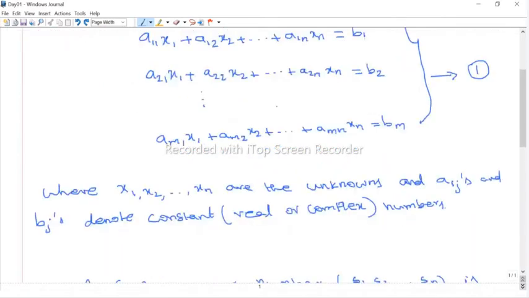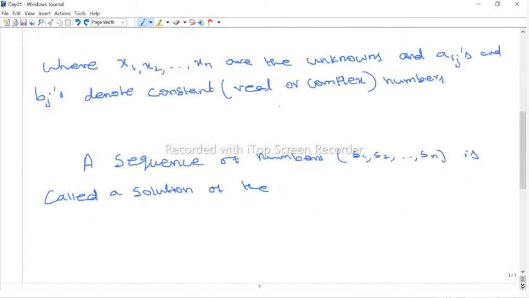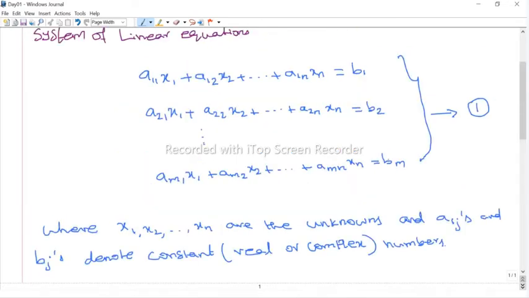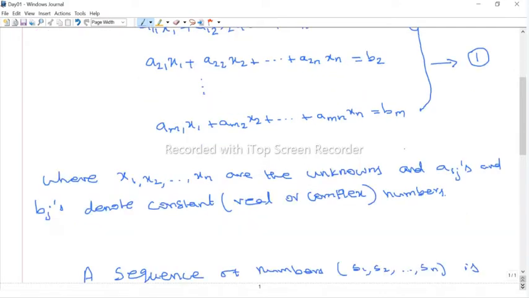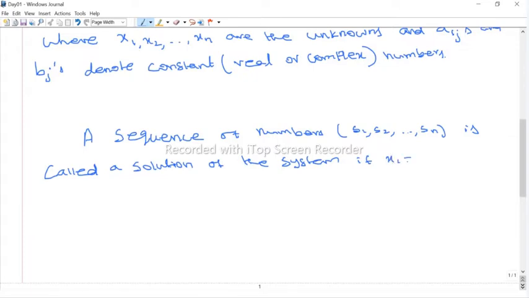Now, a sequence of numbers, that is an n-tuple s1, s2, etc., sn, is called a solution of the system if, when we substitute x1 equal to s1, x2 equal to s2, and so on, xn equal to sn in the first equation, the right-hand side is b1, and it also satisfies the second equation as well as the last equation.